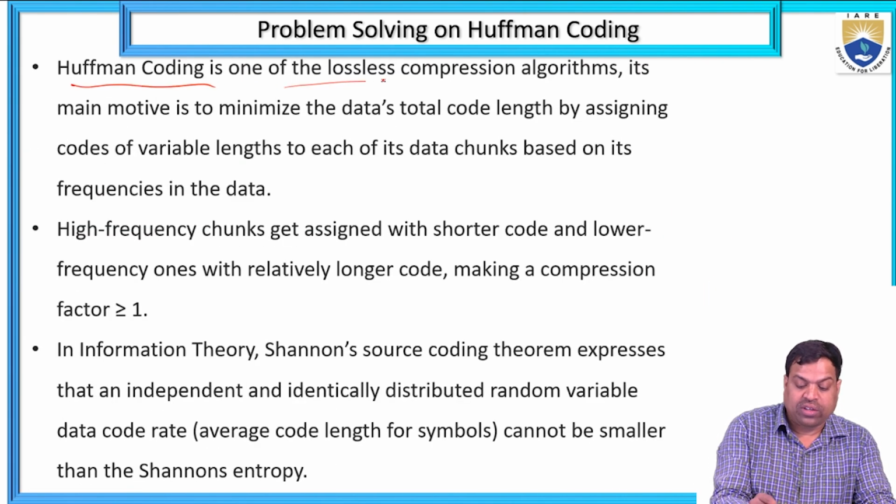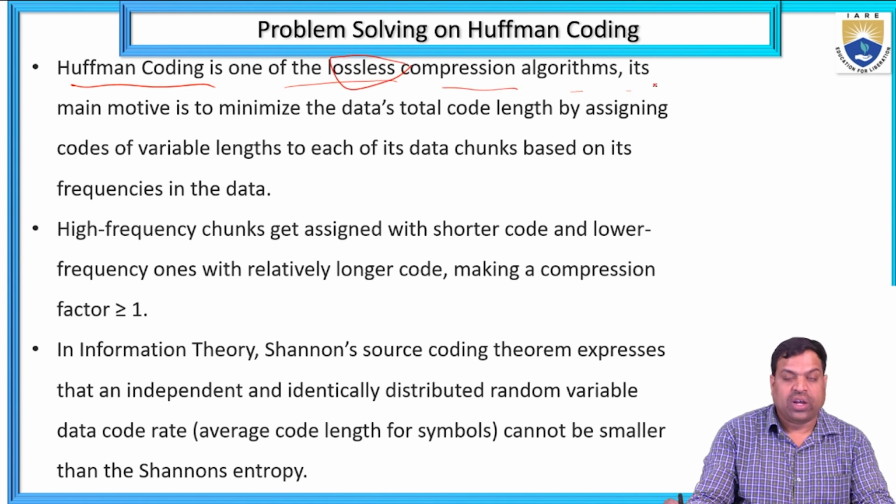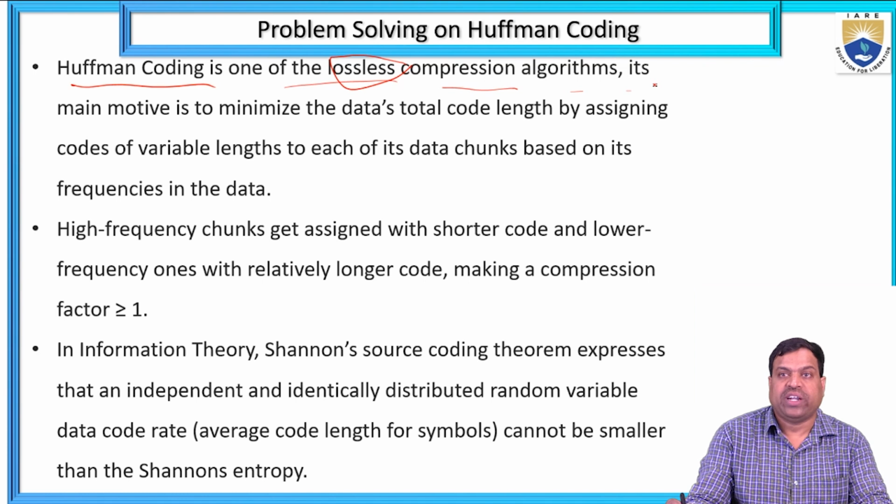Huffman coding is one of the lossless compression algorithms, and its motive is to minimize the data's total code length by assigning codes of variable length to each of its data chunks based on its frequencies in the data. High frequency chunks get assigned shorter code and lower frequency ones a relatively longer code, making a compression factor of greater than or equal to 1.